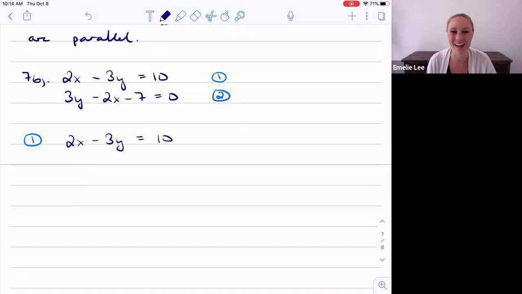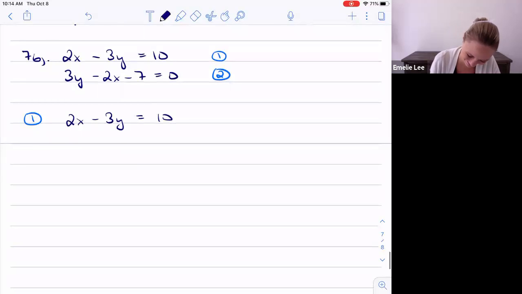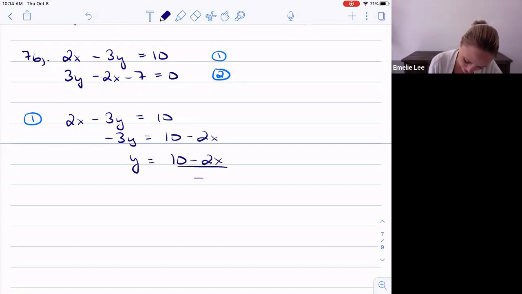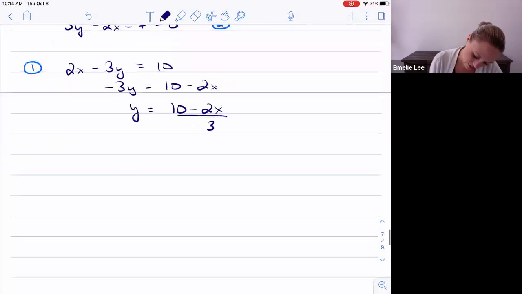Thanks, Tim. We'll do them anyway. Bad choice. Nice to solve for y again though. So we have negative 3y is 10 minus 2x, so y is 10 minus 2x divided by negative 3.